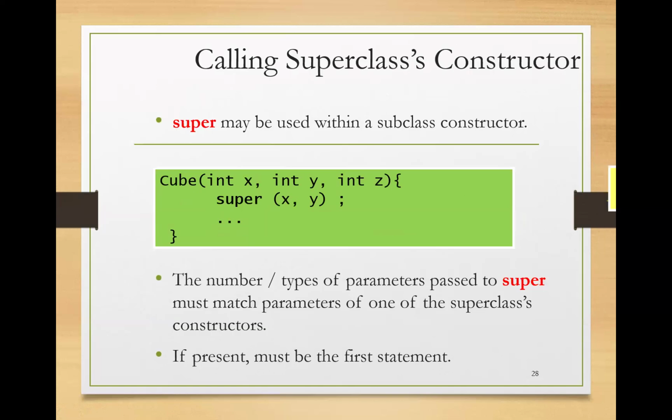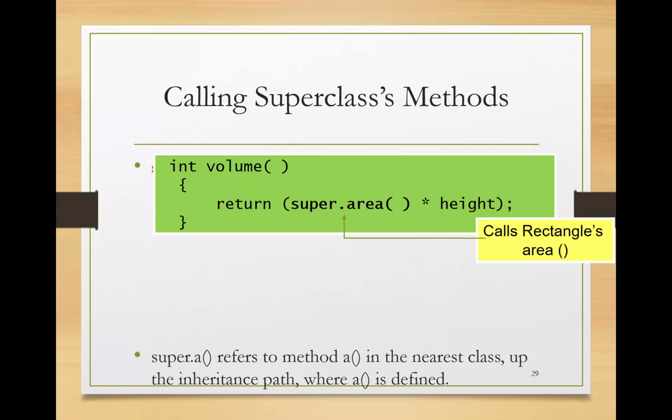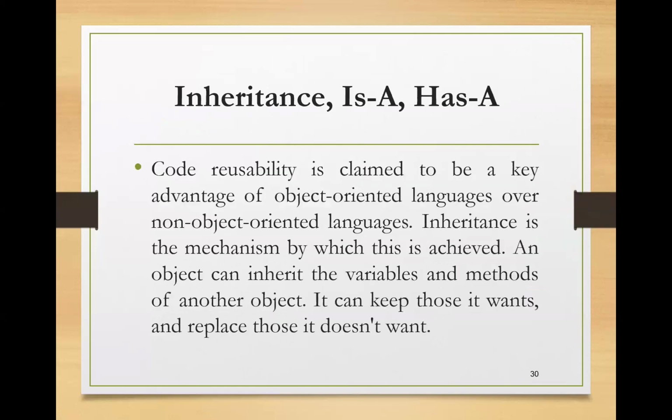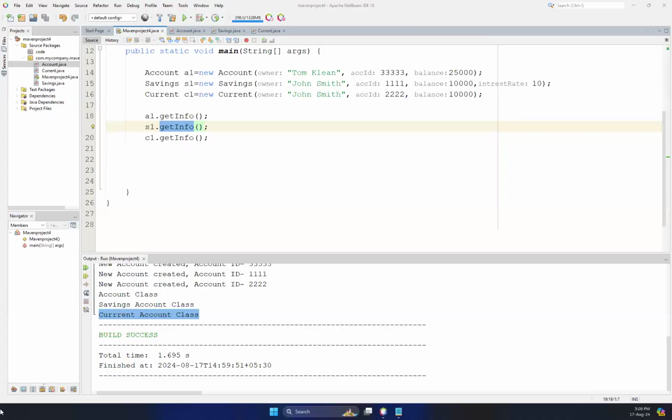We have discussed the superclass constructor as well. Then we have the is-a relationship as well, which I have shown you. That means the savings account is an account, and the current account is an account. And the savings account has owner, account ID, and balance. Likewise, we have that. Then we have to discuss the overloading and overriding methods.